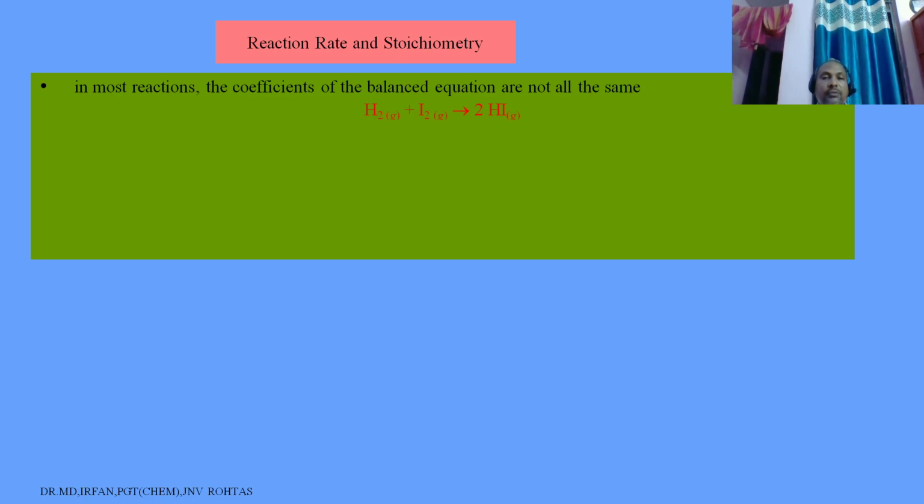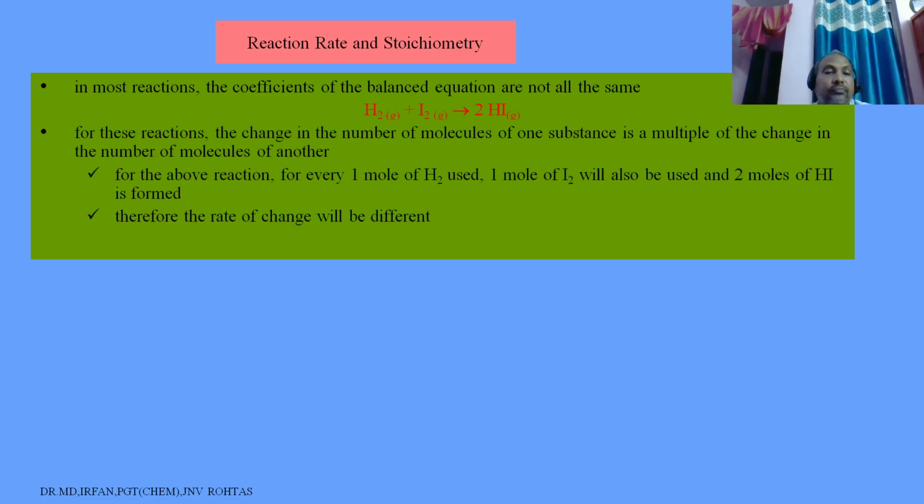Here the coefficient of hydrogen molecule is 1, that of iodine molecule is also 1, and the formed amount of product, hydrogen iodide, is 2. It indicates that one molecule of hydrogen combines with one molecule of iodine to form two molecules of hydrogen iodide. Here we can say that the coefficient of each reaction species is not equal. The coefficients of reactants are 1 each, and that of product is 2.